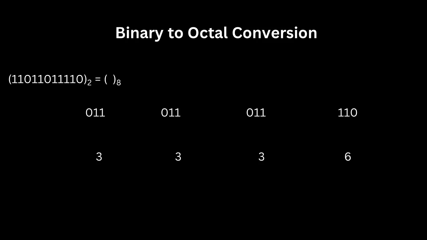Finally, we combine the octal digits. So, 110111110 in binary is equal to 3336 in octal. And that's how you convert binary to octal easily.